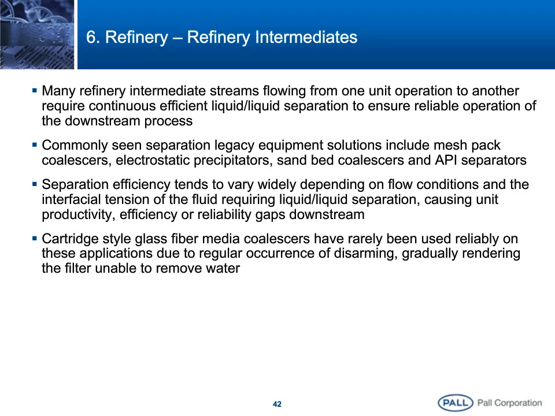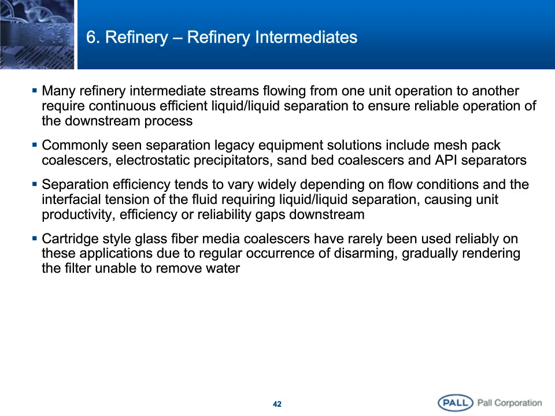Typically, glass fiber coalescers have not seen much service on these types of applications, as they are not suited to the continuous requirement, given the disarming effect that we introduced earlier in today's discussion. So it's mainly the sand beds, the mesh pack coalescers, and the electrostatic precipitators that are doing a lot of the work, have been running for many years, but are now being looked upon as an area for potential improvement.